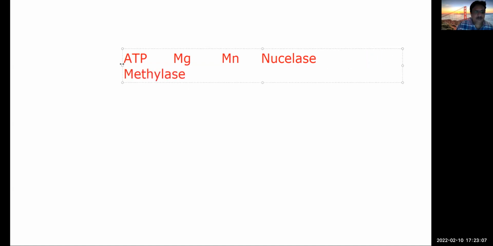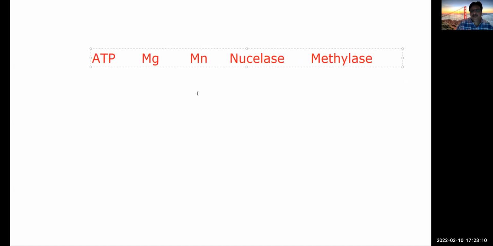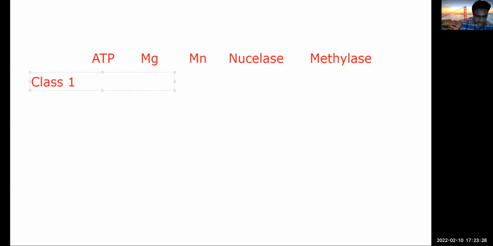So there are many ways a restriction enzyme can work, under many circumstances. Depending upon how they work, there are three classes of restriction enzymes: class 1, class 2, and class 3 enzymes, right?